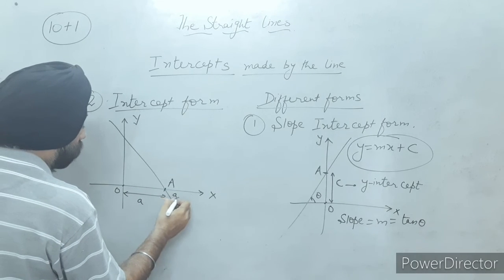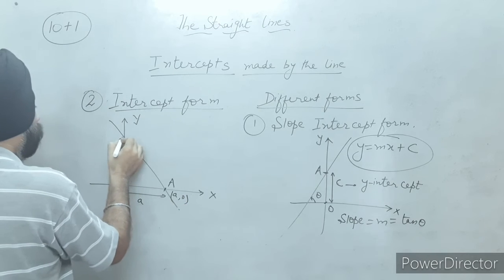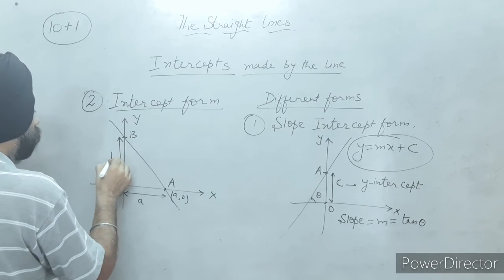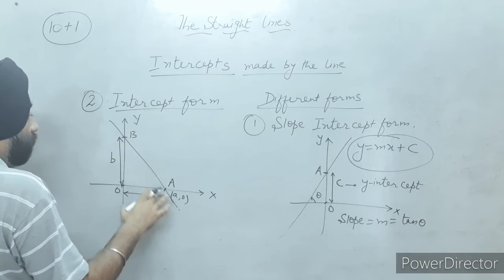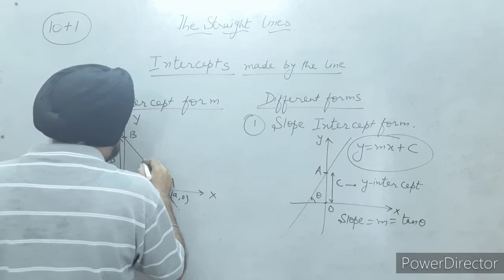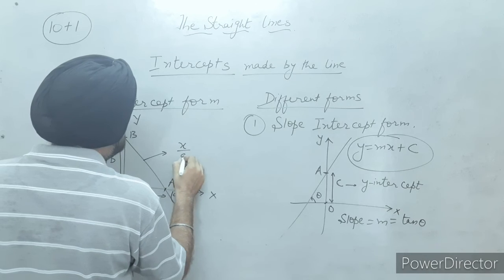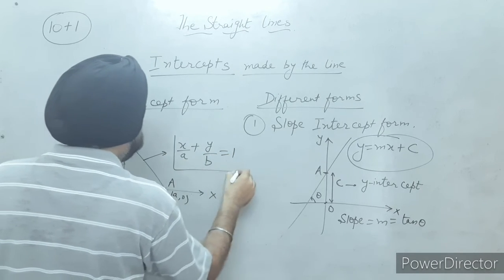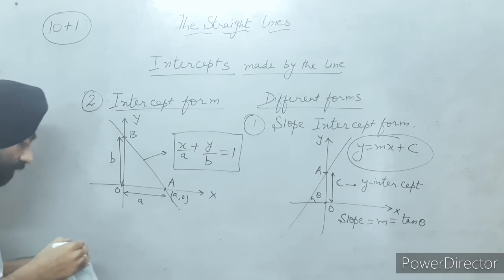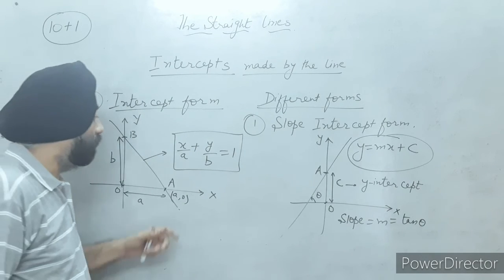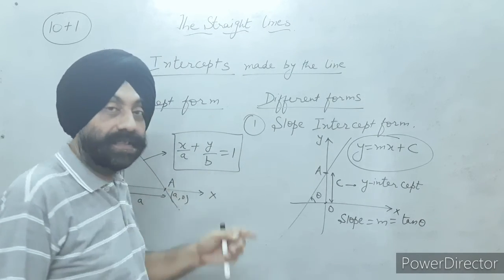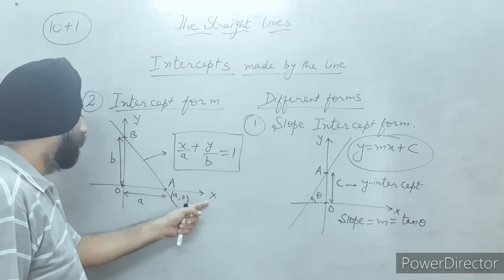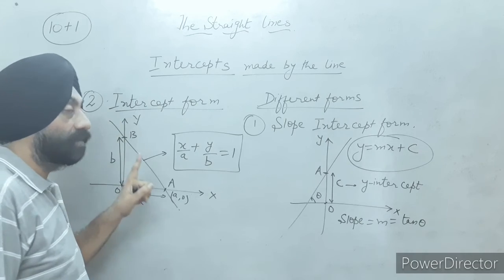So this point becomes (a, 0). This is my point B. Let small b be the intercept made by the line on the y-axis. So the equation of this line is x over a plus y over b equals 1. This is called intercept form, where a and b are the intercepts made by this line on the x and y-axis.